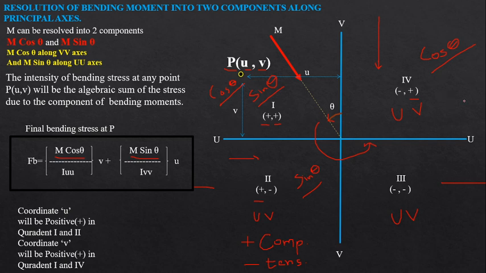Same as sin theta: compression in the first quadrant, compression in the second quadrant, tension in the third quadrant, and tension in the fourth quadrant also. That's the resolution of bending moment into two components along the principal axis.